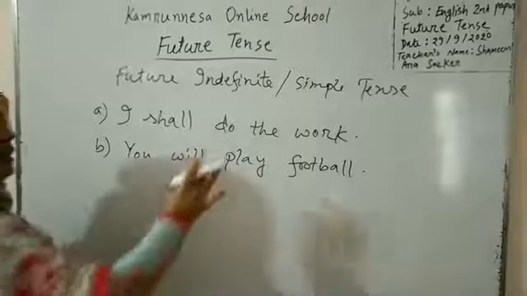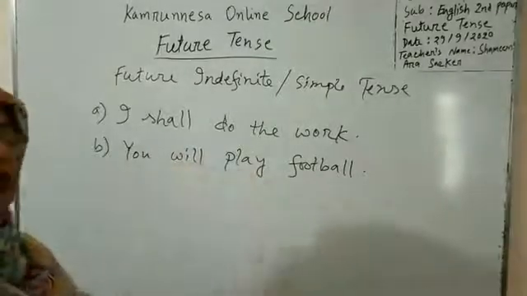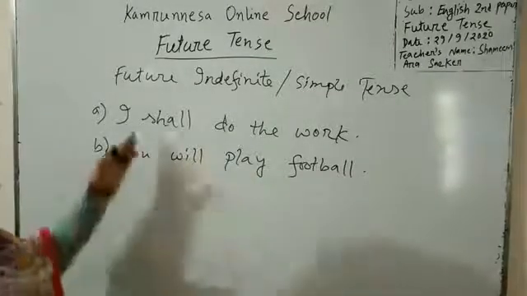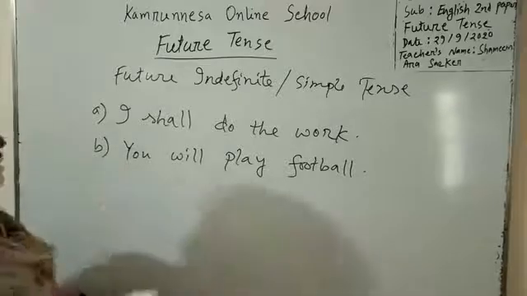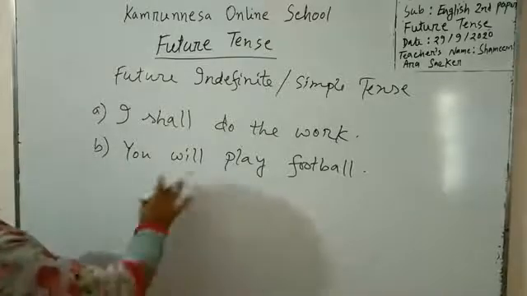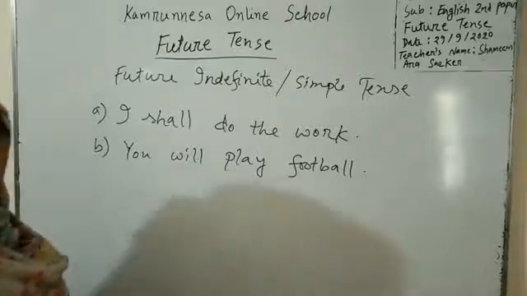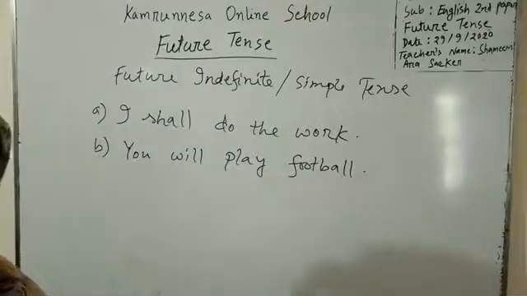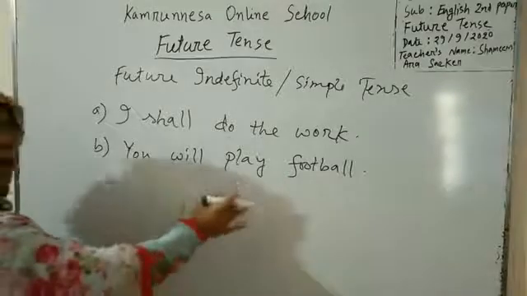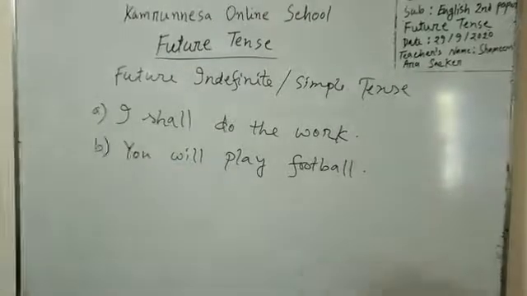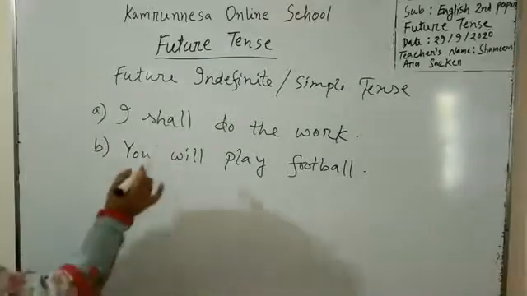I have not done the work yet. I shall do it in future. And the second sentence, you will play football. Here, this action has not yet taken place. It will take place or it will happen. Okay. Now, look at the sentences very carefully.